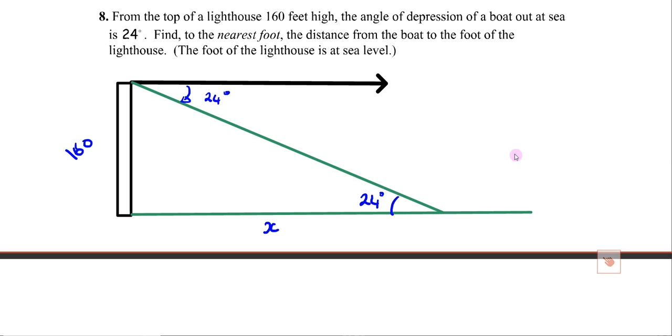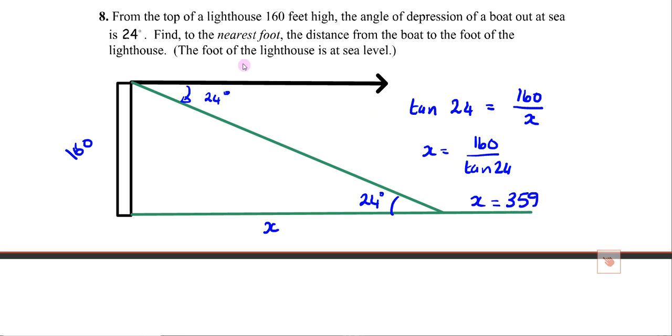Then we would do tan of 24 equals 160 over x, and then we get x equals 160 divided by tan of 24. And we get the answer 359, again to the nearest foot. Okay. Answer the question? Yes.